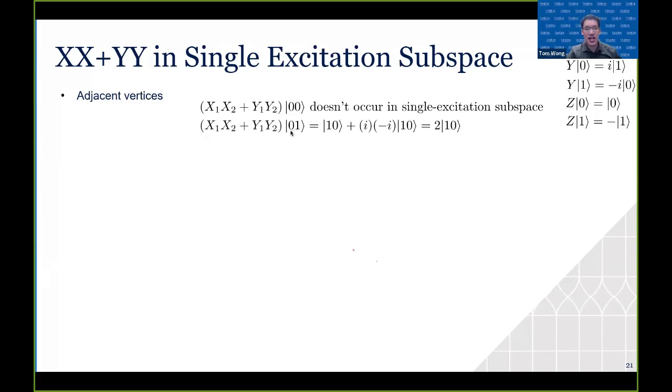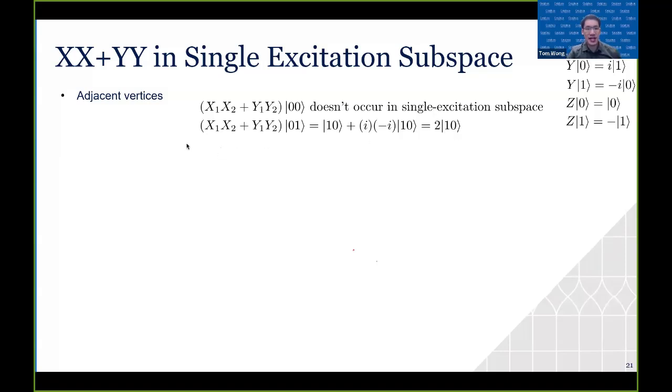What can occur is you can have 0 at one vertex and then 1 at another vertex. So what XX will do to this is it'll turn 0 into 1 and 1 into 0. So this 0, 1 will turn into a 1, 0. And then YY will turn 0 into 1 times i, and it'll turn 1 into 0 times minus i. And then i times minus i will give us 1. So what we get is 1, 0 plus 1, 0. So we get 2 times 1, 0.